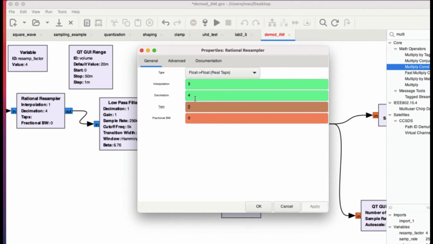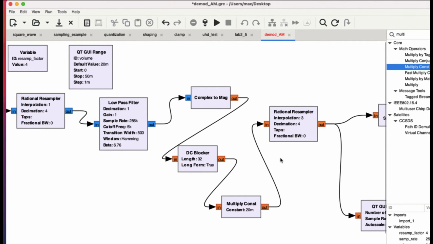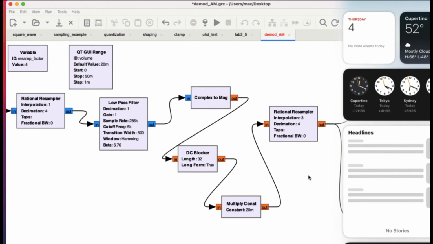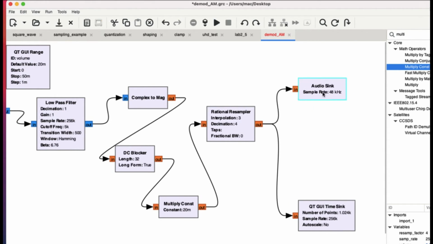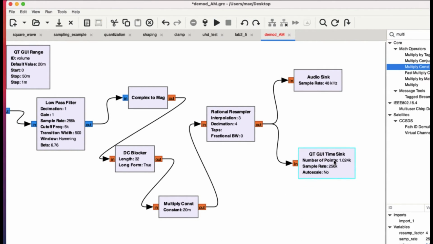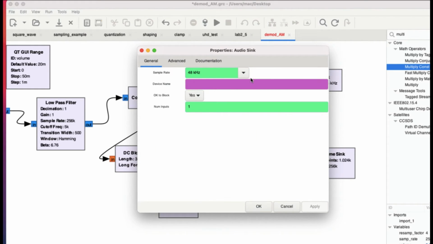So why decimation? Because the next block that my flow graph will encounter is your audio sink. The sample rate for my audio sink is 48 kilohertz.